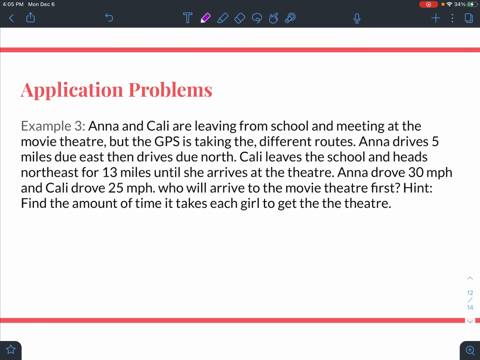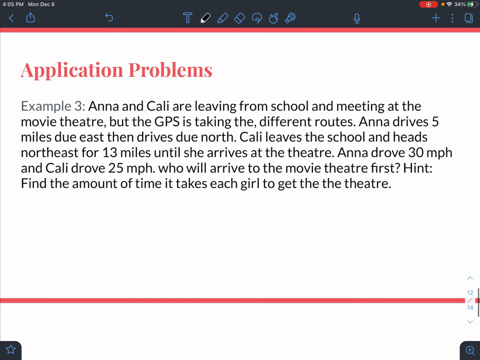So, I'm going to start with a picture again, like you should every time. And I first want to start out with a little compass here. So this is north, east, south, and west.